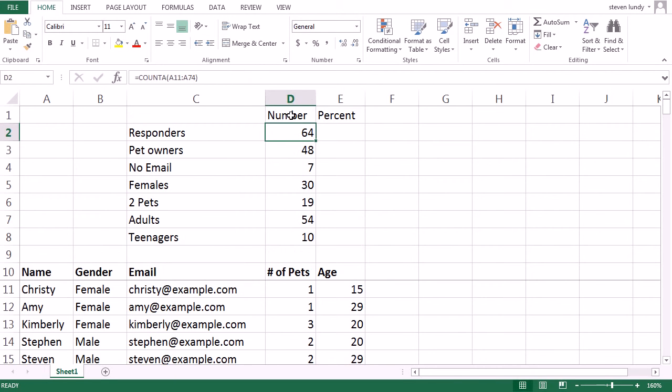When you're counting values, it's often useful to know what proportion of the group it makes up. To do this, we can find percentages in Excel. To find a percentage, you just divide the number in question by the total number in the group. In this case, we're always going to divide by the number in D2.